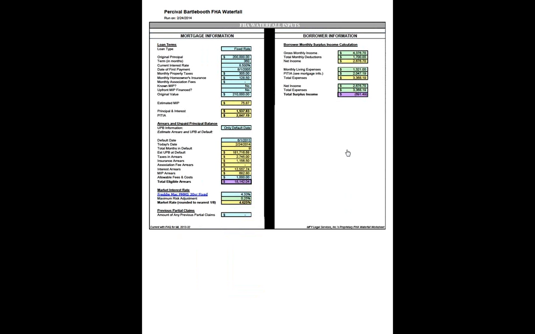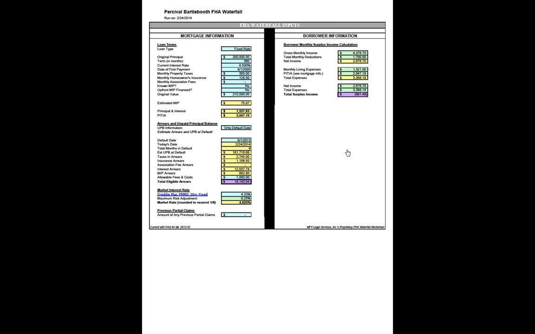The next screen is the other inputs, which are mainly mortgage inputs. So we enter the type of the loan. FHA didn't provide exotic pay option or interest-only type mortgages.